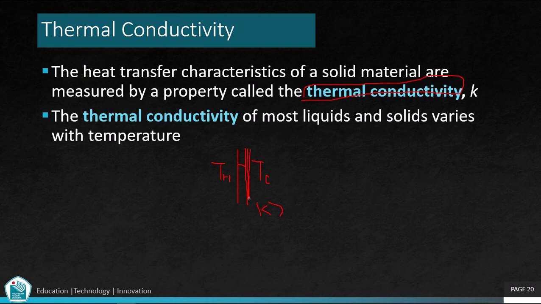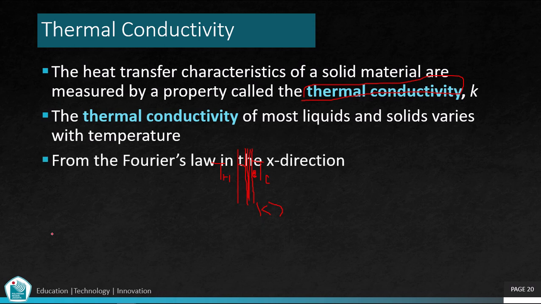So we need to insulate by using an insulator. It means that on the outer surface of the insulator, the temperature will be very low, so it's safe.